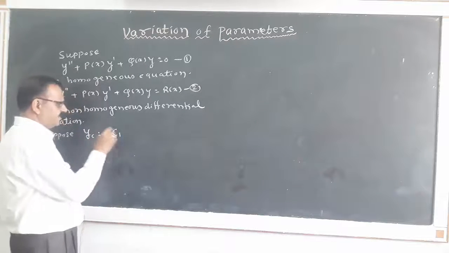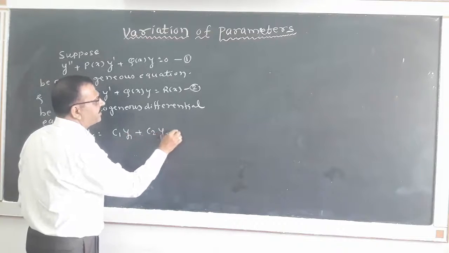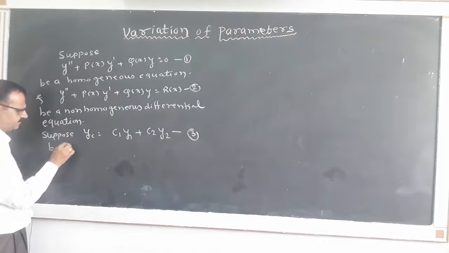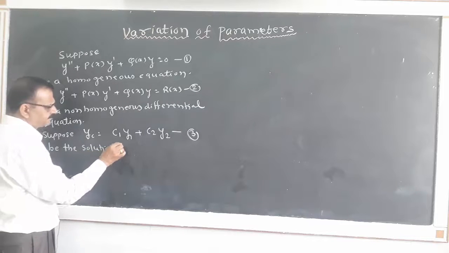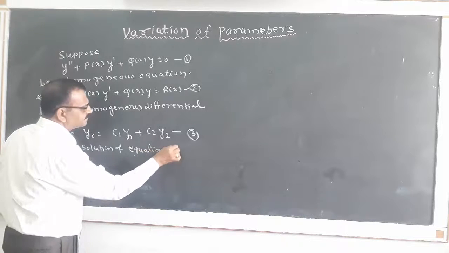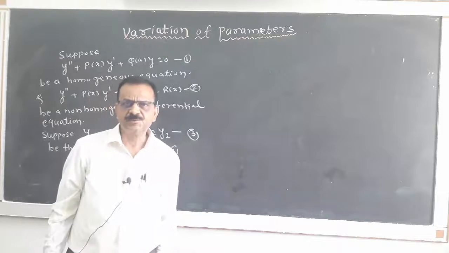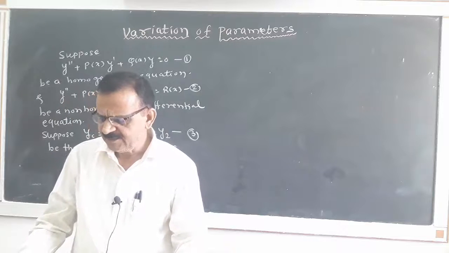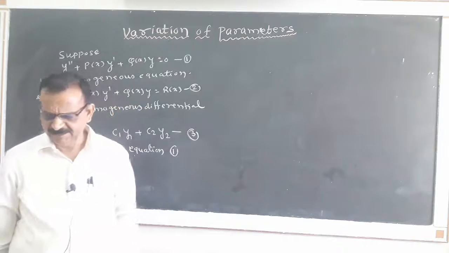Suppose yc equal to c1 y1 plus c2 y2 be the solution of equation 1. We shall use this solution to find the solution of the non-homogeneous differential equation, that is equation 2, by using the method of variation of parameters.